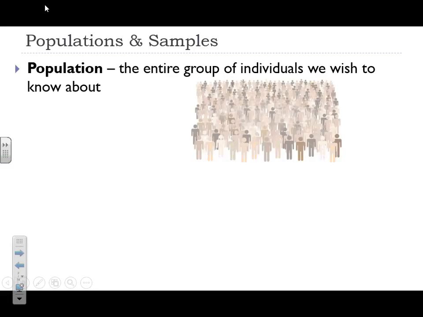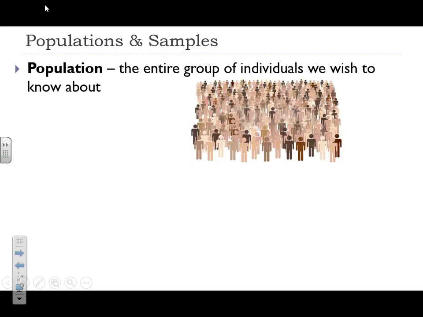All right, the entire group of people that I'm actually interested in, right? So when I talk about population, we're talking about the entire group of people that we want information on. So one of the first things that's always going to happen whenever you're trying to answer a question using data collection, you need to be able to identify your population of interest.